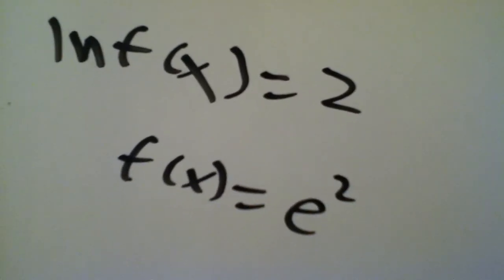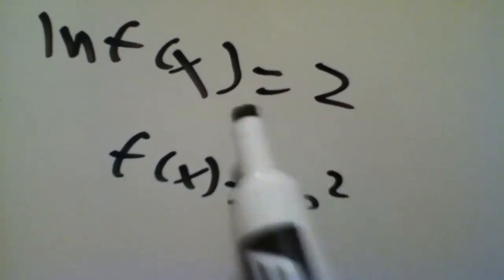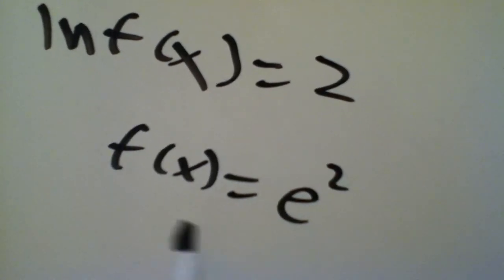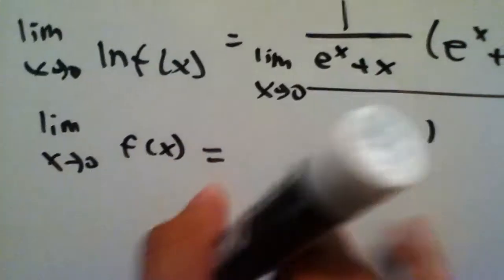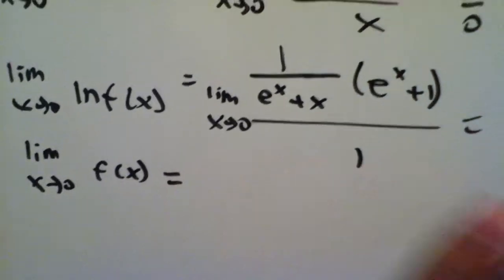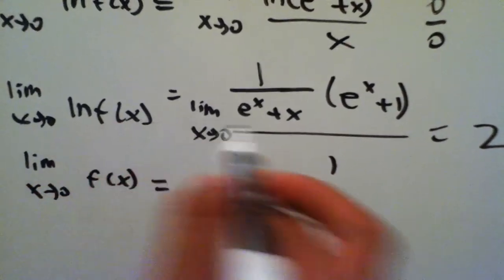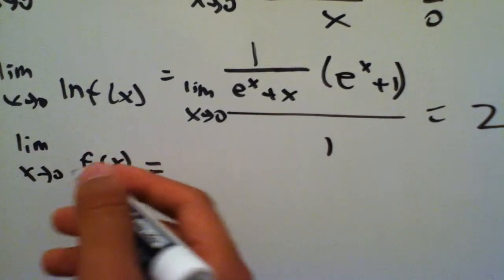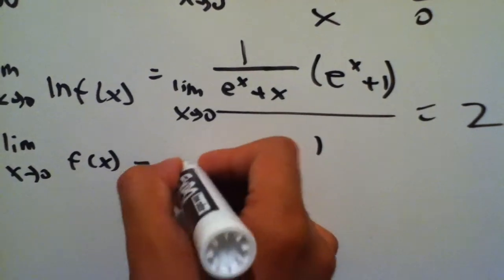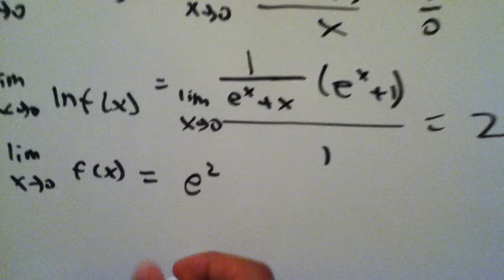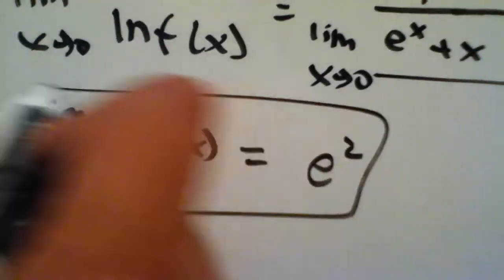We all know that because you're just taking e to the power on both sides, getting rid of the natural log. So we do the same thing here. If the natural log of f of x equals 2, then the limit as x approaches 0 of f of x must equal e to the power of 2, so e squared. And that is actually our limit.